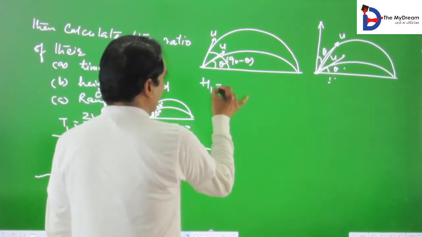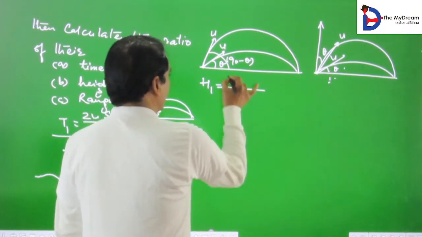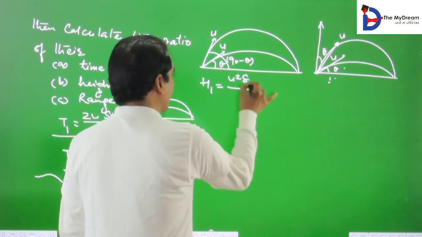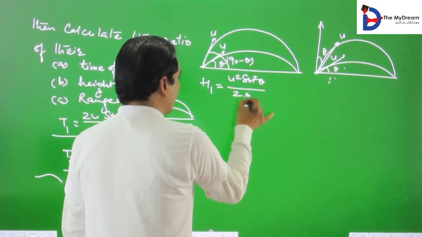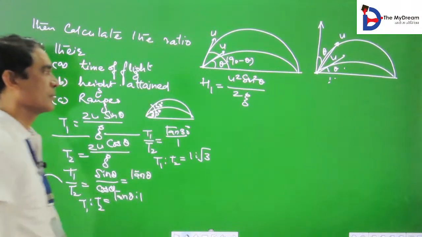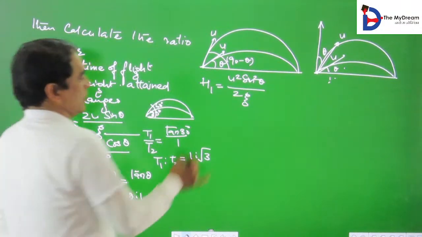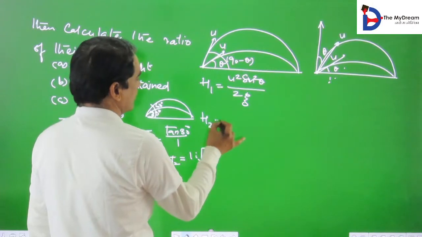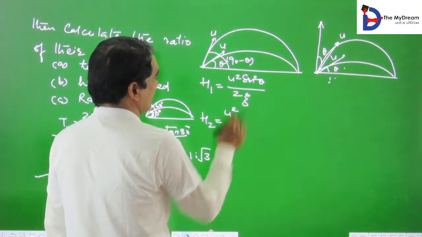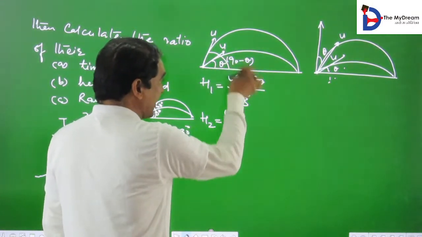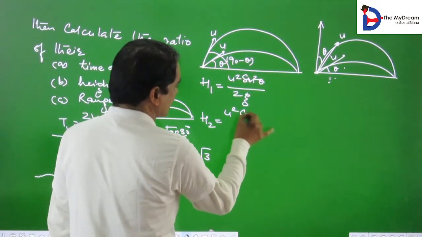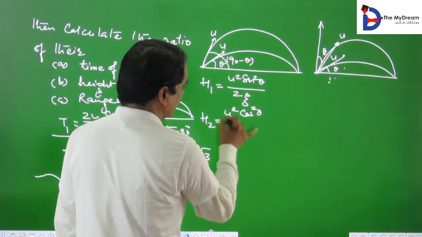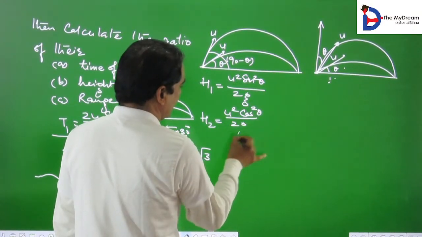height attained by the projected body, which is given by u square sin square theta divided by 2g. Second one, u square sin 90 minus theta gives cos, so you can write down cos square theta upon 2g.